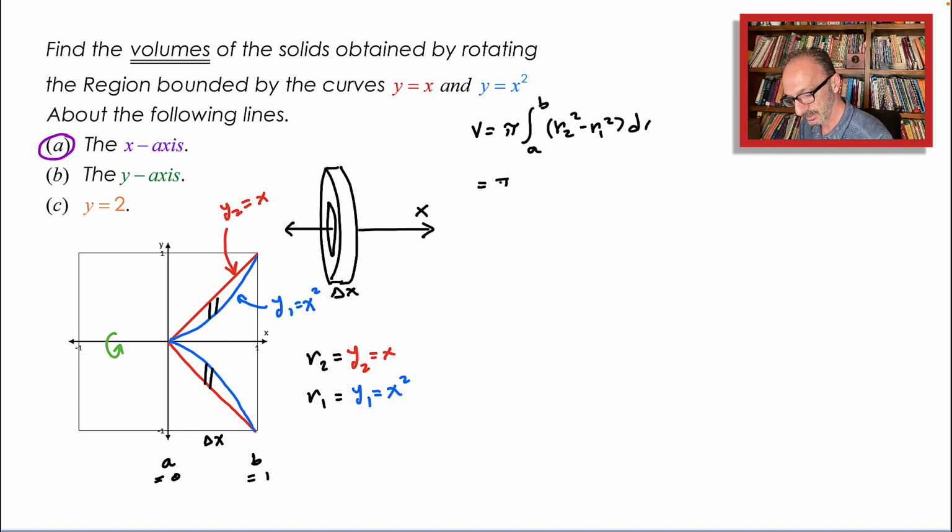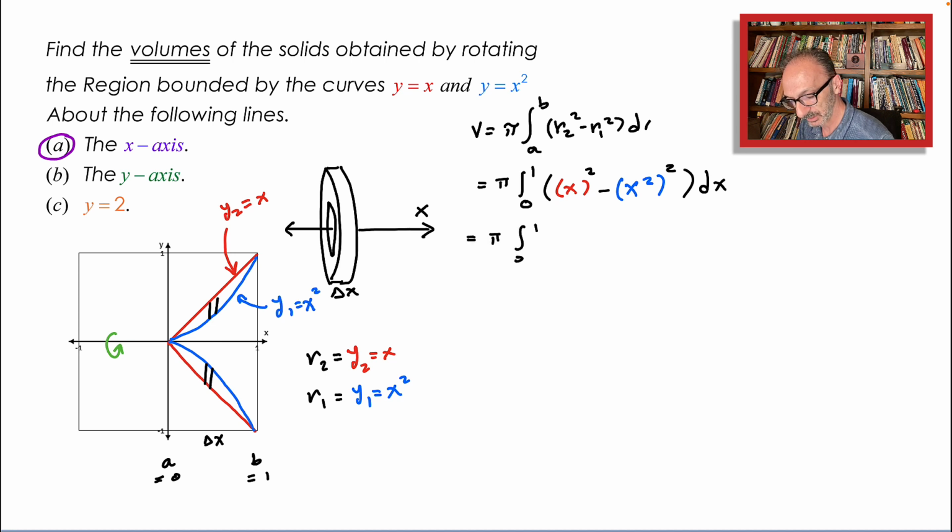Equals pi times the integration from 0 to 1, because the slice will be going all the way from 0 to 1. r2 is x, and r1 is x squared. And we're going to go r2 squared minus r1 squared, all with respect to dx.